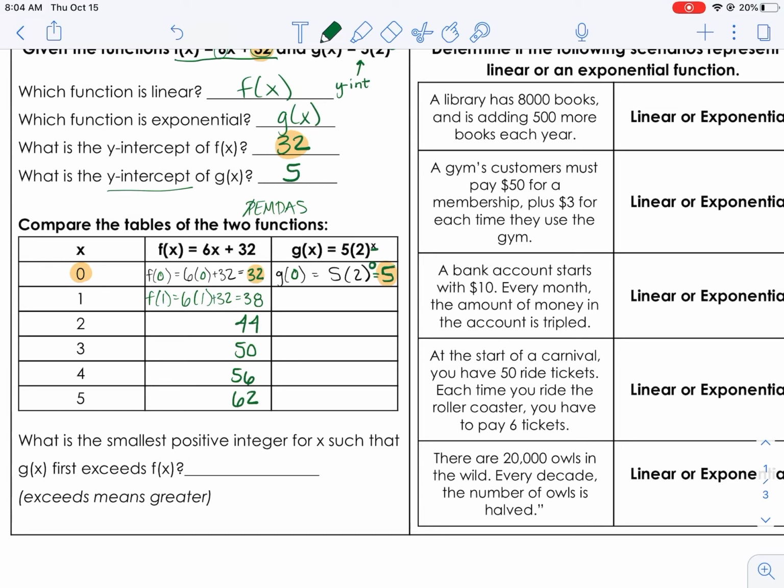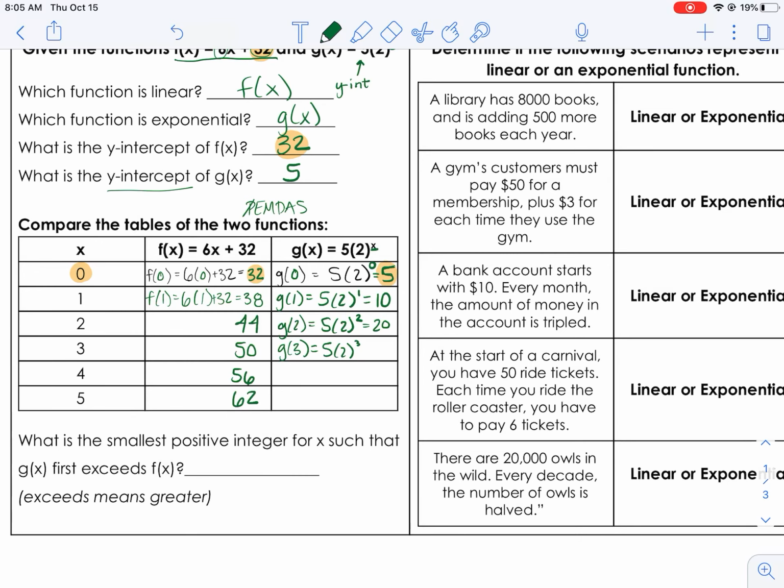All right, for g of x, if I want to find g of 1, I'm going to just plug it in for x. So 5 times 2 to the first power. So 2 to the first power is 2, times 5 is 10. Okay, g of 2, we're going to do the same thing, plug it in. So 2 squared is 4, times 5 is 20. G of 3, we'll plug that in.